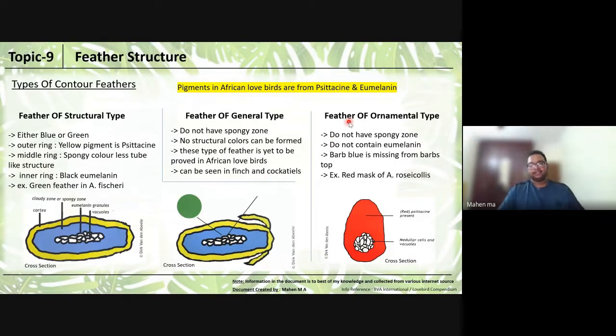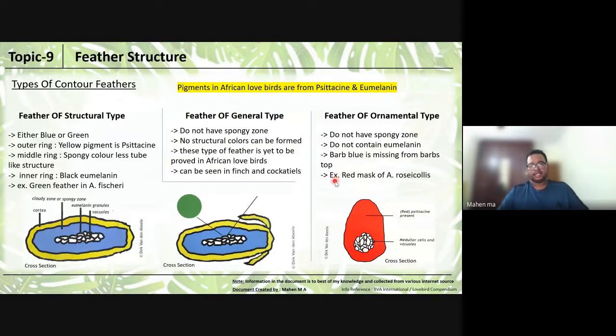And finally, it is the feather of the ornamental type. The feather of the ornamental type will not have the spongy layer, whatever is there outside. It will not contain eumelanins either; whatever eumelanins you see here will not be there in this one.